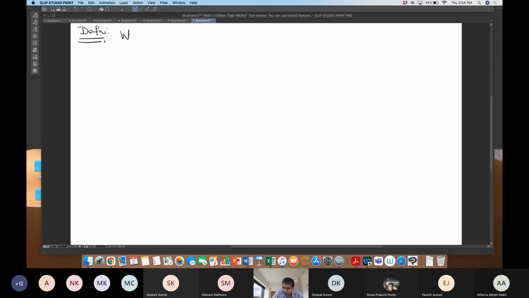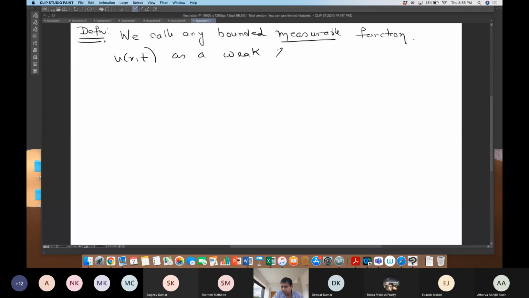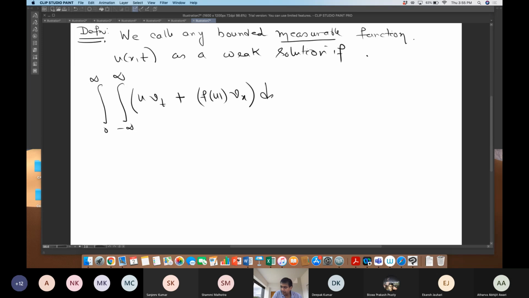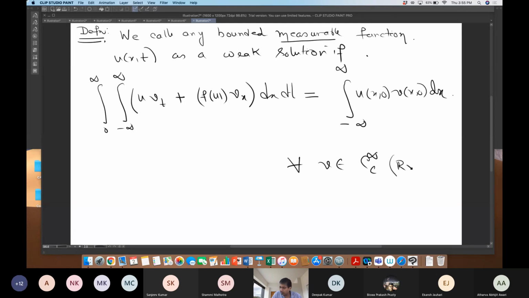We call any bounded measurable function u(x,t) a weak solution to that PDE if it satisfies this condition: the integral from 0 to infinity, minus infinity to infinity of u v_t plus f(u) v_x dx dt, plus the integral of u(x,0) v(x,0) dx equals 0, for all v belonging to C_c infinity of R cross 0 to infinity.